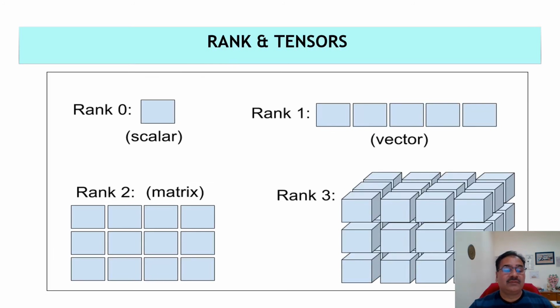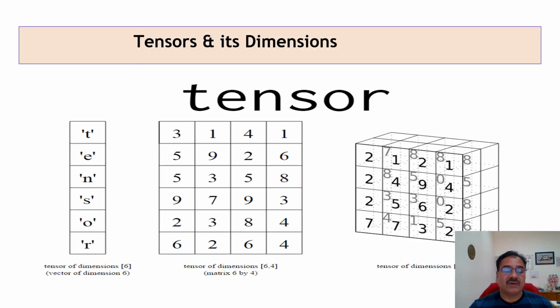Now, in the form of arrangement, obviously rank 0 is a scalar, rank 1 is a vector, rank 2 is a matrix, and rank 3 is a tensor. This is a very beautiful example to go through.